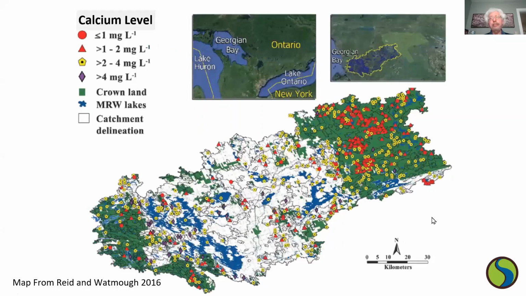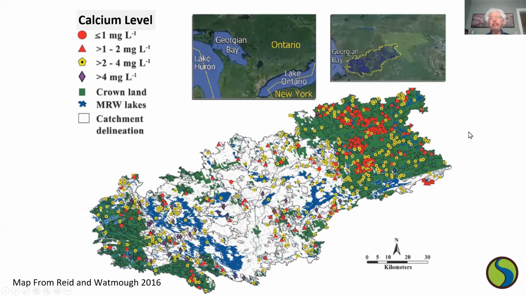We're actually fortunate that a lot of people have been sampling lakes in Muskoka for a number of years. So recently, Carolyn Reed and her professor, Sean Watma, gathered all these data together from 590 lakes, from the district records, the Dorset records, and actually about 350 of these lakes were sampled by academics, including me.